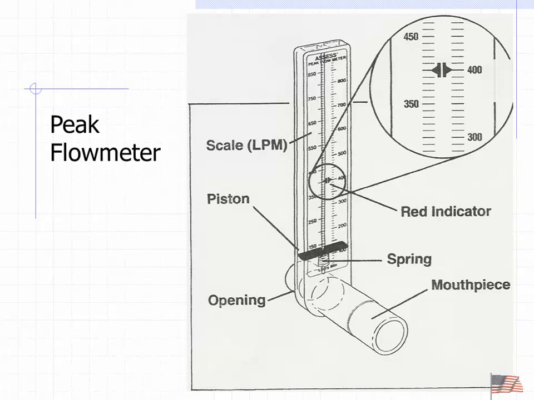Basically, you have a mouthpiece and a little spring mechanism, and this little piece of plastic will be shot up to wherever we end up getting our peak flow. Big part is that there's an opening on the back. What we want to make sure people don't do when they're holding it is occluding it.